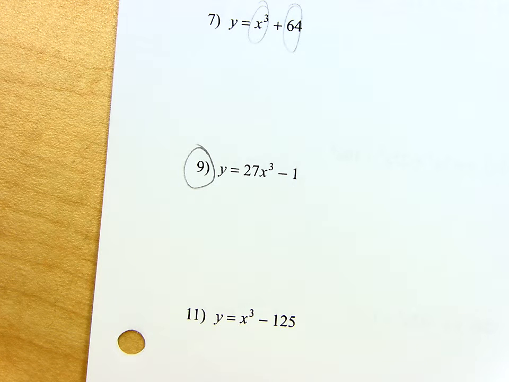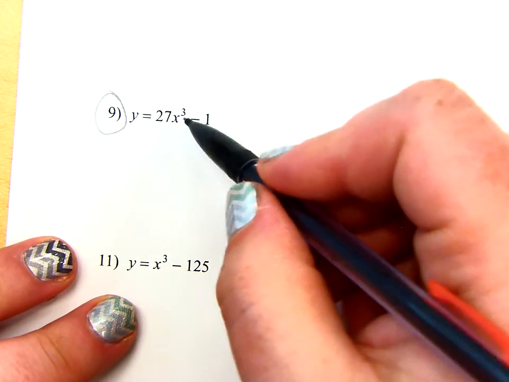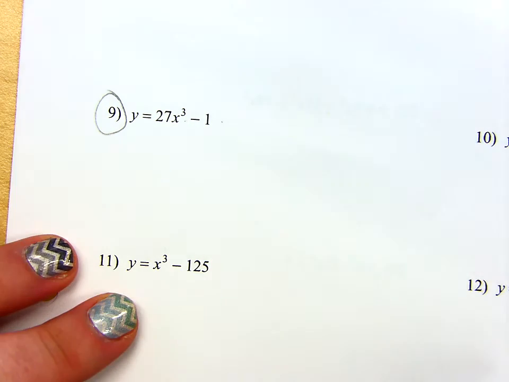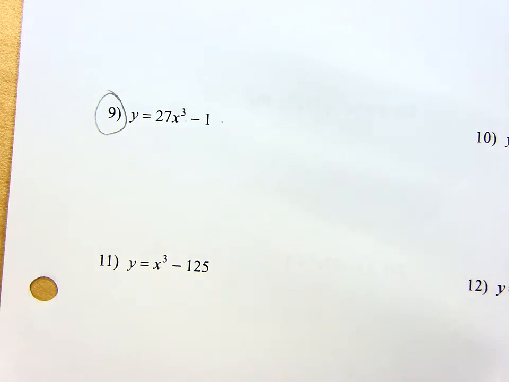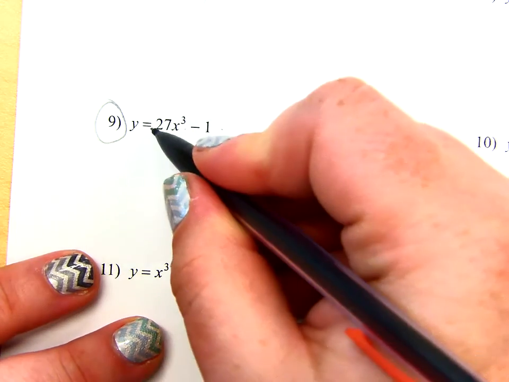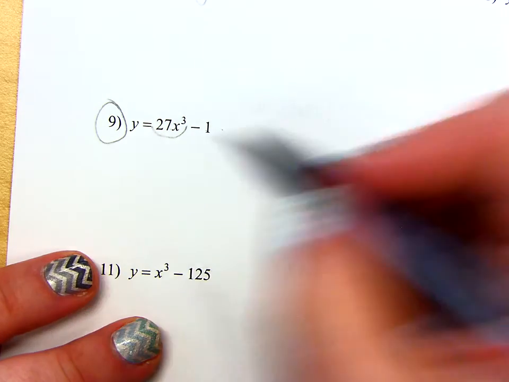Did everybody find 3 answers? So let's find these 3 together. So I notice, oh, I have difference of 2 cubes. You still should be checking if there's a common factor to factor out. I just don't have any here, so I can't do that, but I do have difference of 2 cubes. So I take a look at the first term. The cube root of that would be what? 3x.